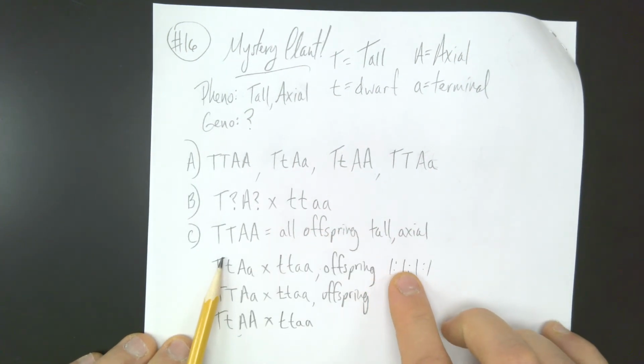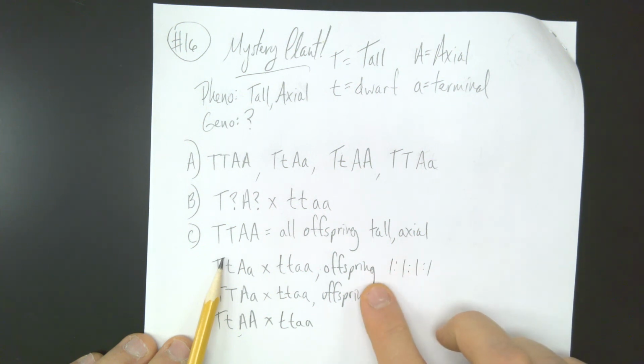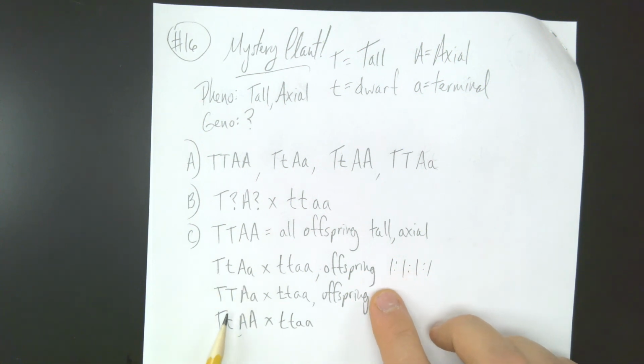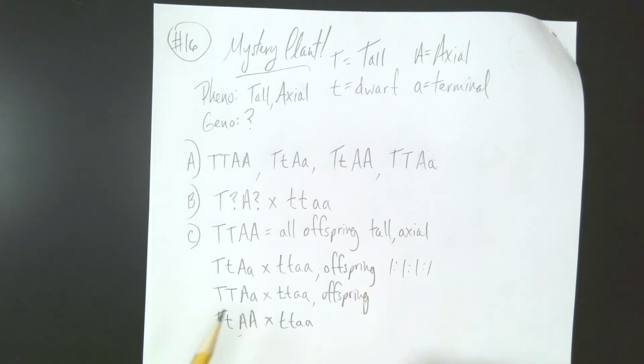If you have 4 different outcomes and there's equal probability of all of them, that tells you a lot about the mystery plant. If the offspring are all tall with axial or terminal, or all axial and terminal, and some are tall and some are dwarf, again, that gives indication. So you can look at these ratios of the offspring for the different phenotypes, and it will indicate what's going on.